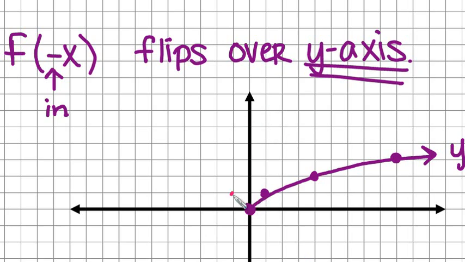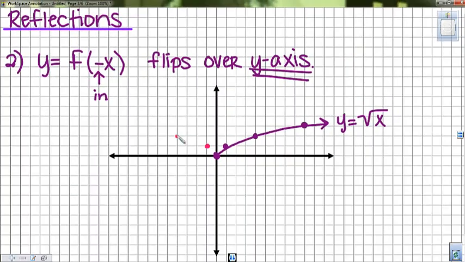So 1 becomes negative 1, okay, 4 becomes negative 4, and 9 becomes negative 9. These are your x values that we're flipping over the y-axis, I should say. So that is y equals square root of negative x. Notice the negative is on the inside.